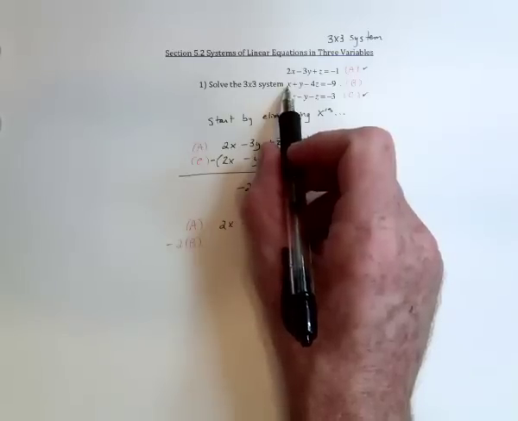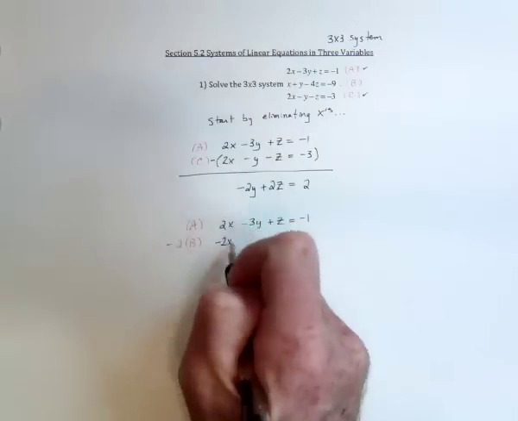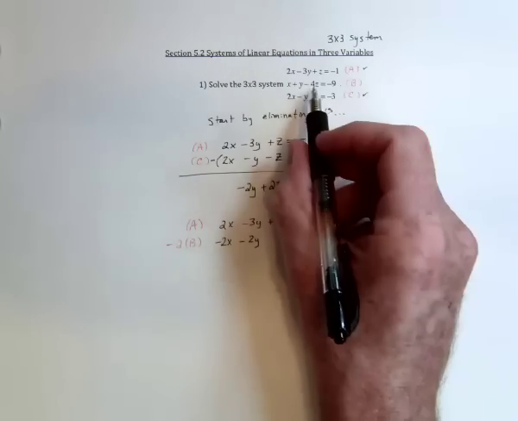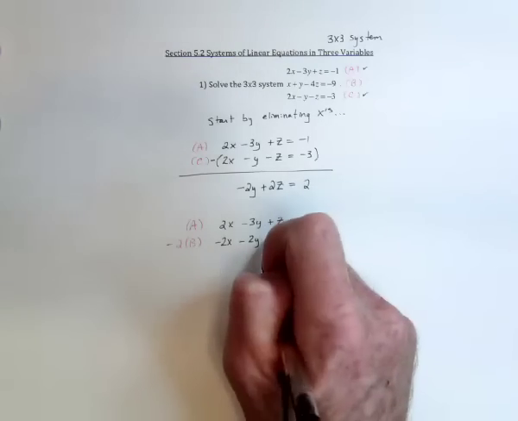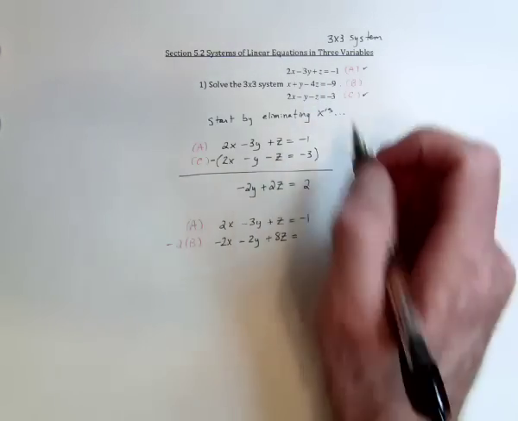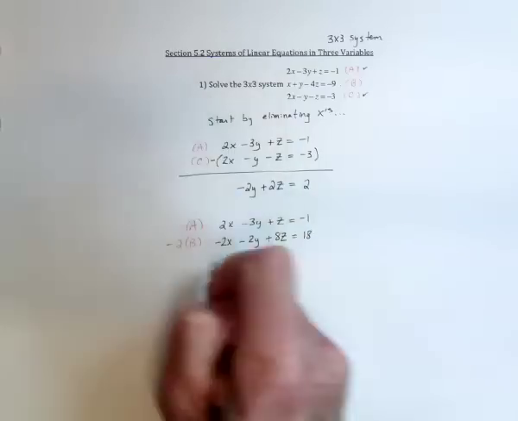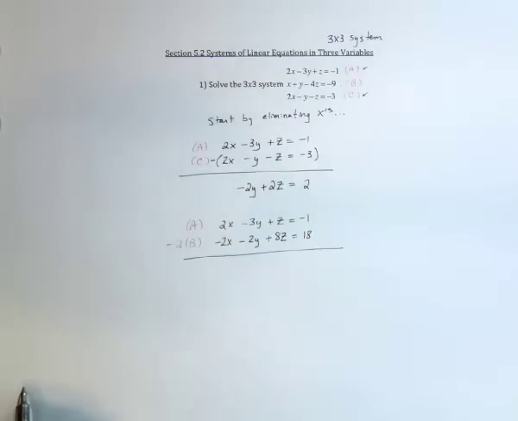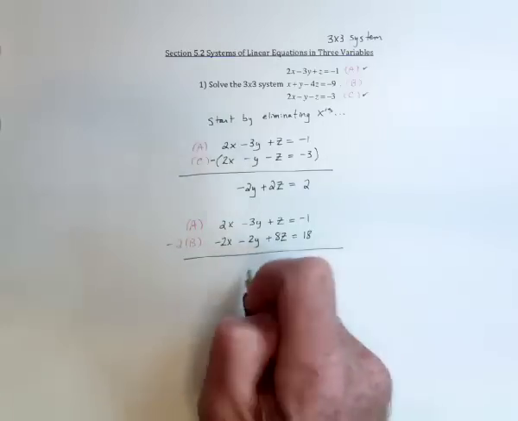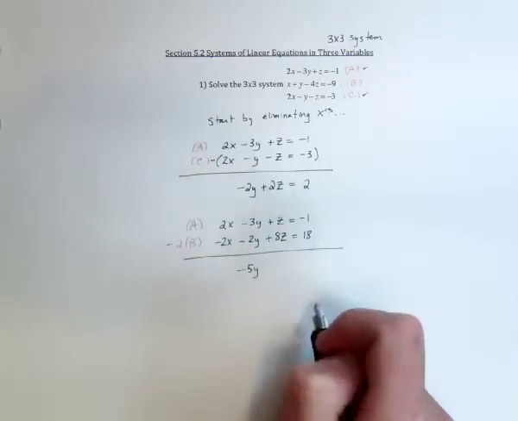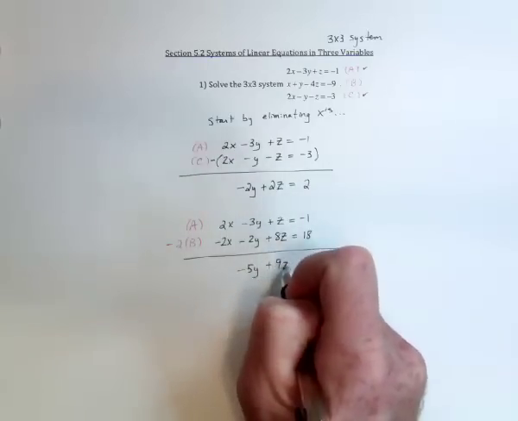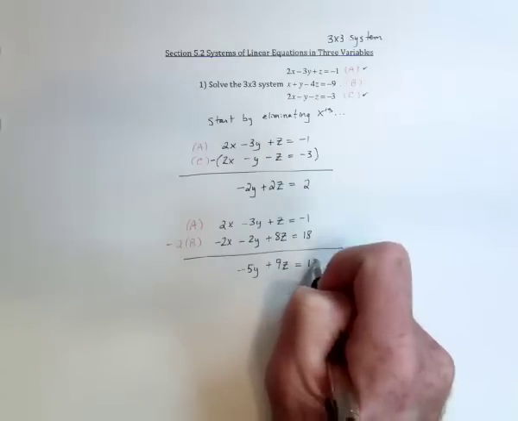So multiply this by a -2 is -2x, multiply this by a -2 is -2y, multiply this by -2 is +8z, and multiply this by a -2 is a +18. And then combine like terms. So these are going to cancel. These will make -5y. In here it's going to be a +9z, and then equals a 17.